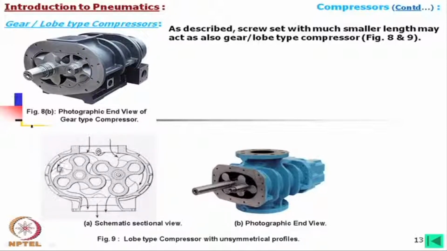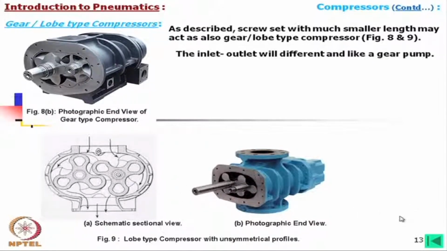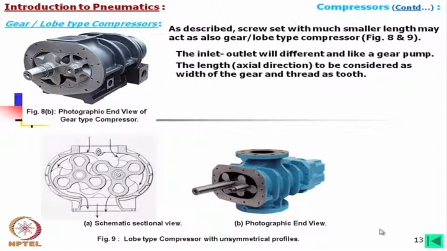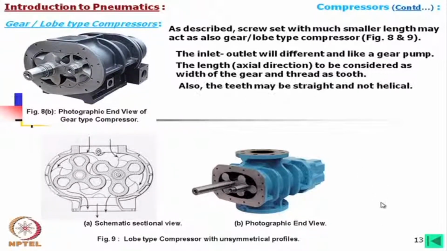So, this compressed air will now go inside, it will be trapped and then it will be delivered on the other side, and this is the side view of this lobe type compressor. Inlet outlet is different, this is completely radial. In case of screw type, you will find this is going like this and probably outlet will be like this. So, the length is to be considered as the width of the gear in this case.